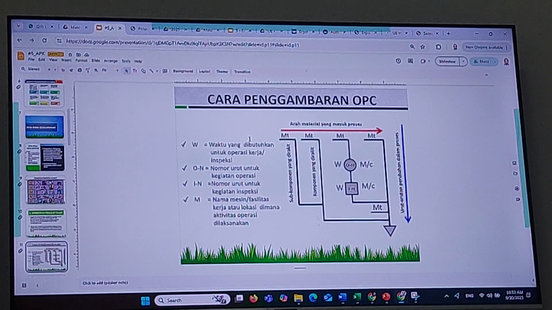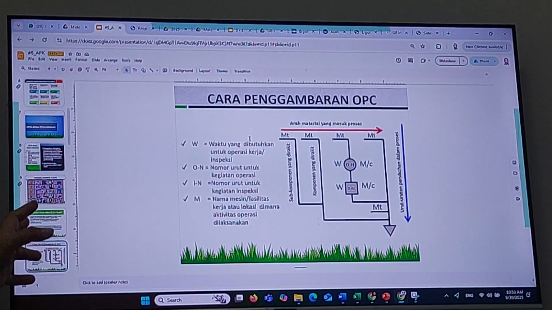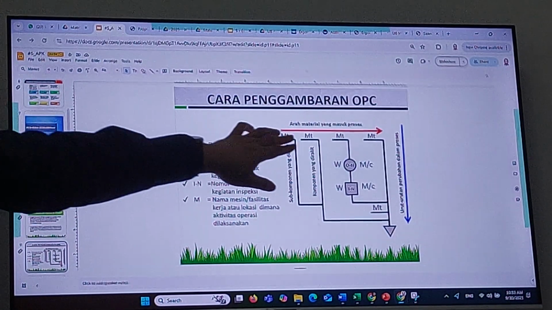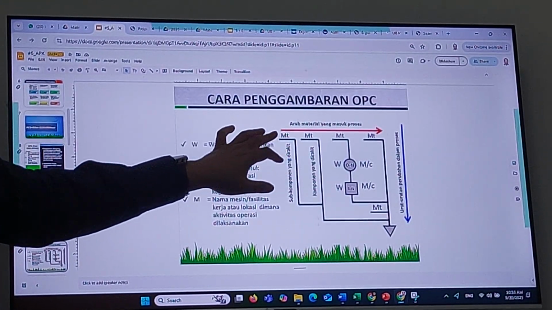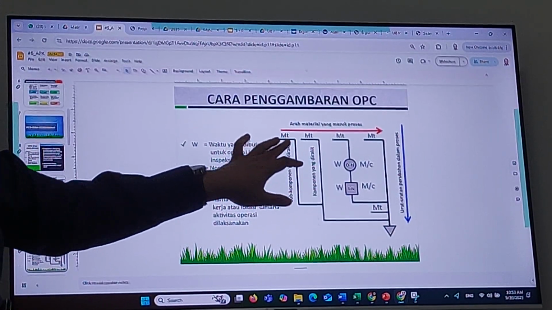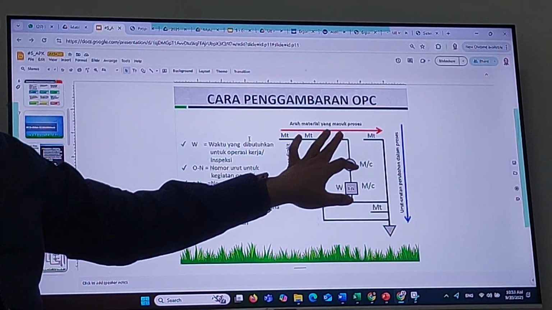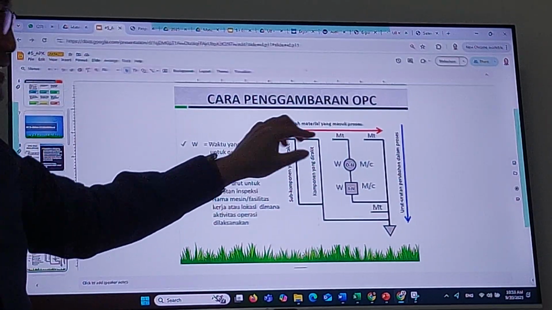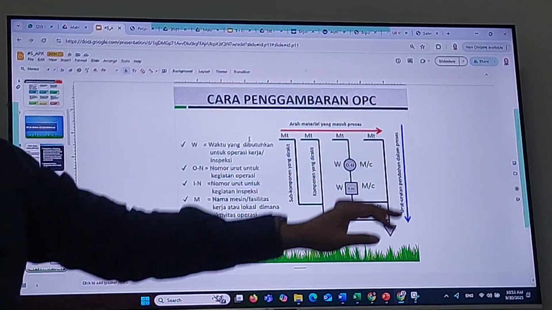After you understand the parts of the product, you can continue to create the OPC. Sometimes we can define the names based on the BOM 3, from the smaller parts to the main part.